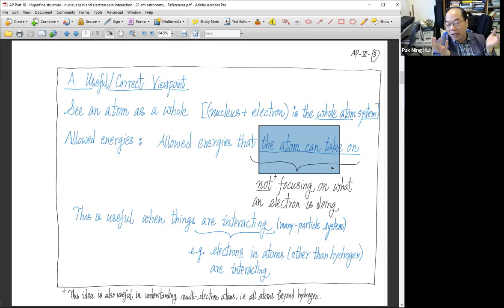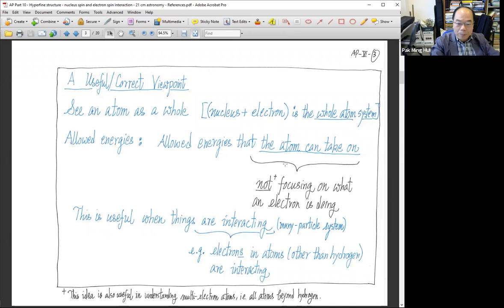In many electron atoms, we better think about the atom, say, different energy may be different color. So you can think about, just in a cartoon way, the atom changed color. From one color to another, there is a different energy, okay? So that will be a useful way to think about the physics.